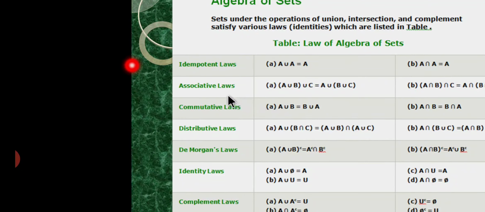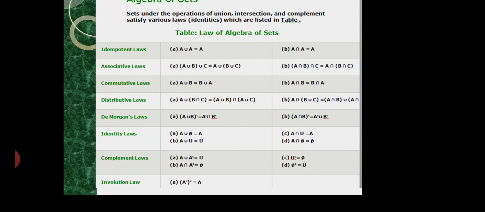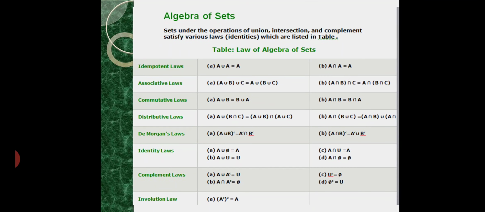Associative law. A union B union C equals A union B union C, and the intersection of A, B, intersection C, the common elements of A intersection B intersection C, is equal to A intersection B intersection C. Next, commutative law.